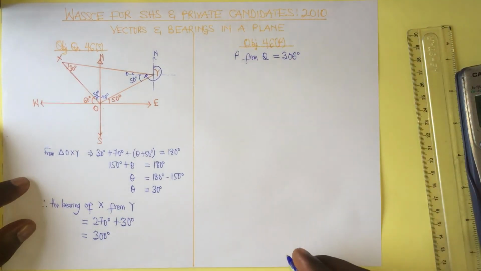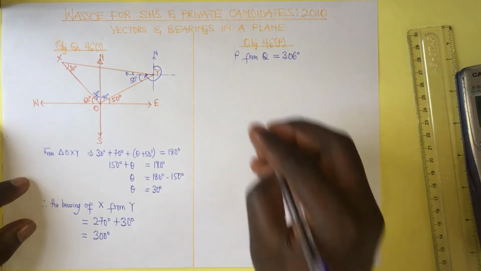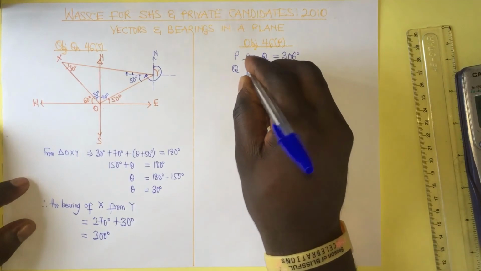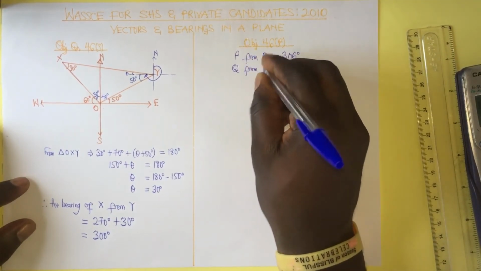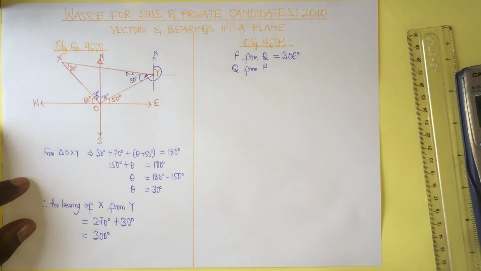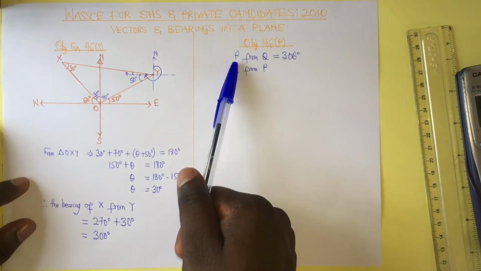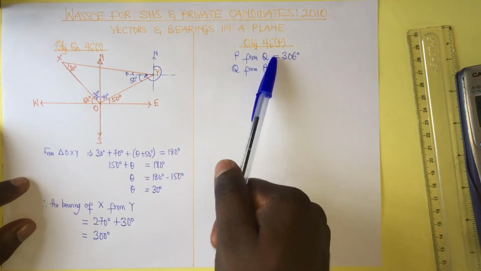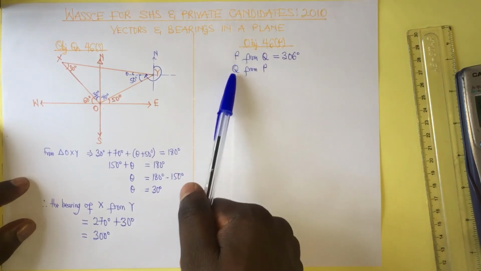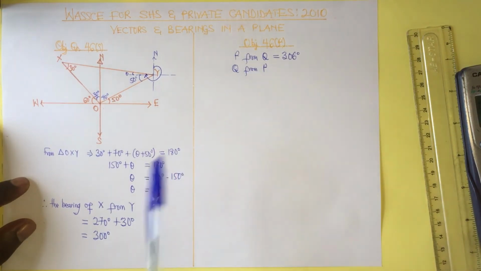All right. Find the bearing of Q from P. So the bearing of Q from P. So here we are talking of back bearing. Back bearing. First one, it was from the bearing of P from Q. And we have changed it to Q from P.